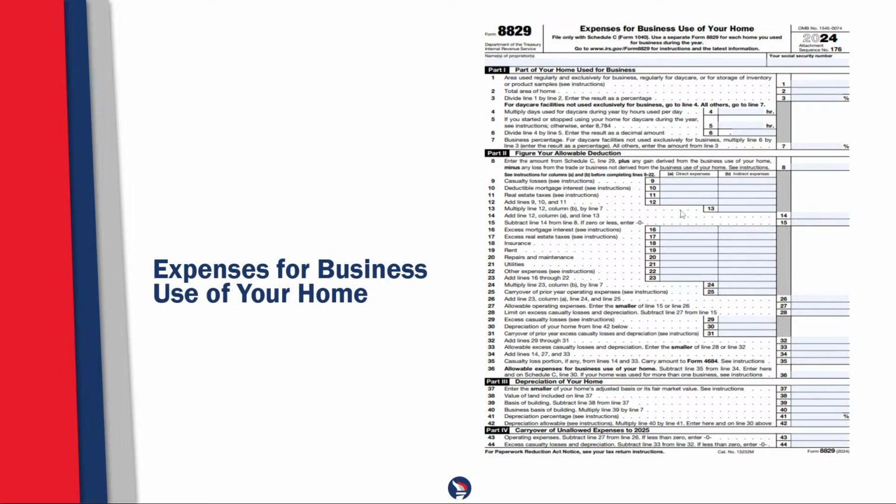Direct expense is something that is for the business and can be attributed just to that one area of the house. So if I decide to have my office painted, that's a direct expense because I can have a bill from the painter just for him painting that one room. Carpet, same way.